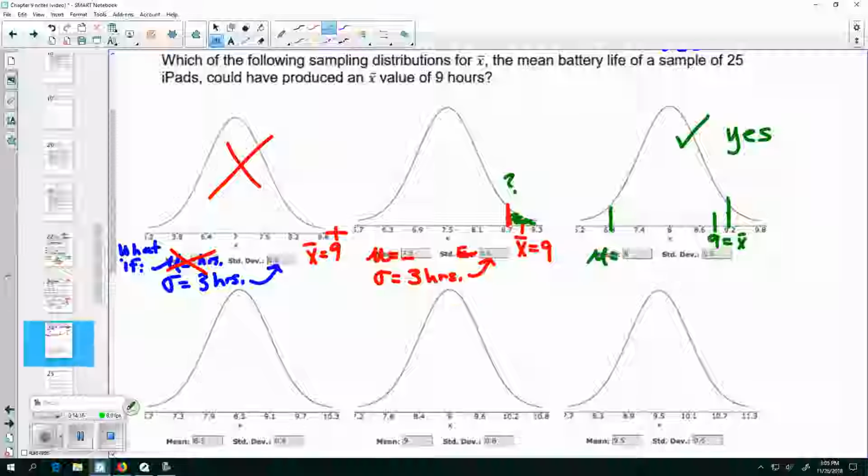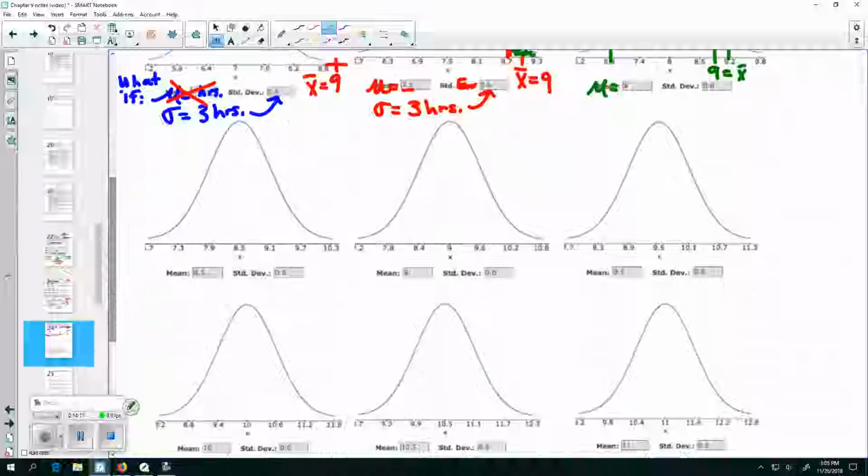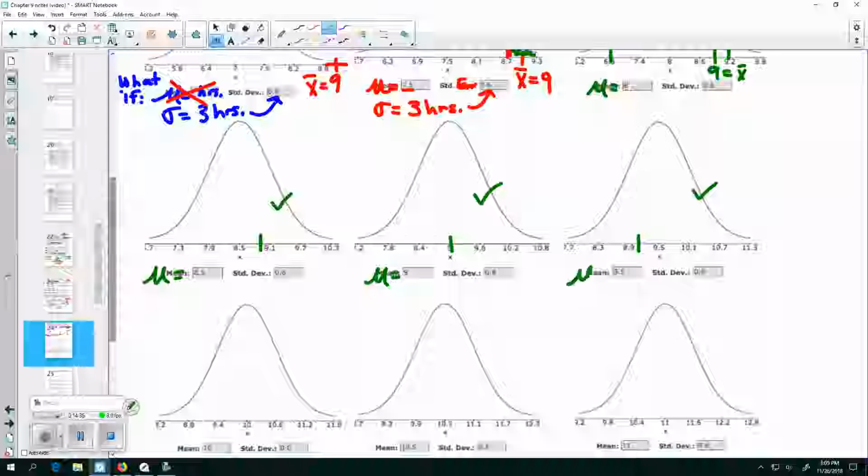And if you look more closely, you're probably going to agree that all 3 of these in the middle are also possibilities, because our sample mean of 9 is right near the center. They're all within 1 standard error, so any one of these population means should be on our list of possibilities, which means it should be in our confidence interval.